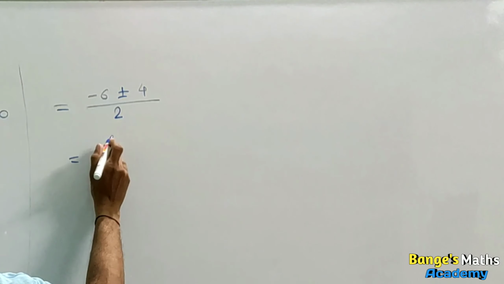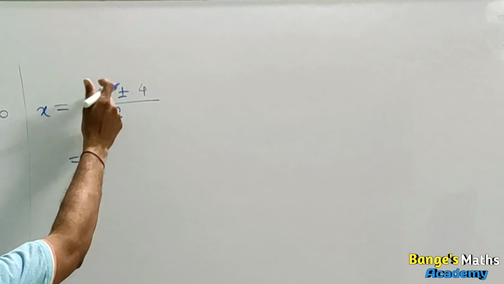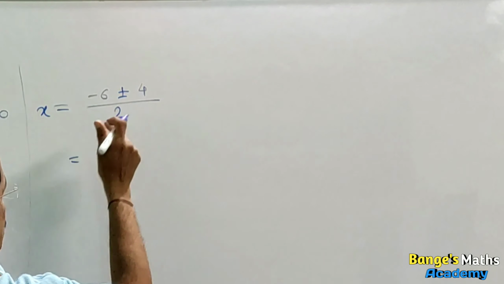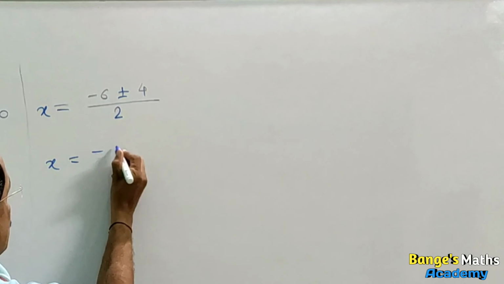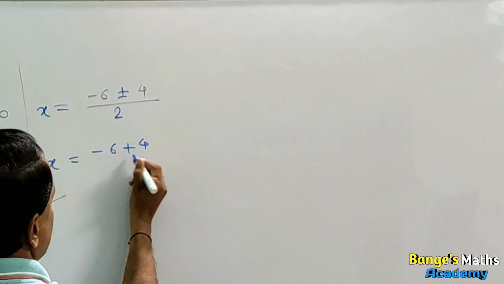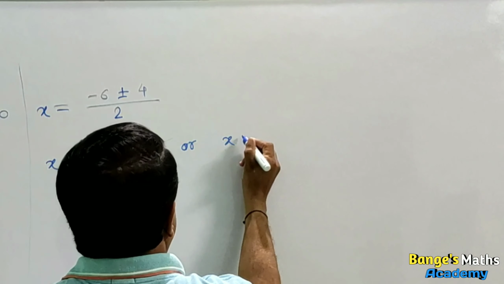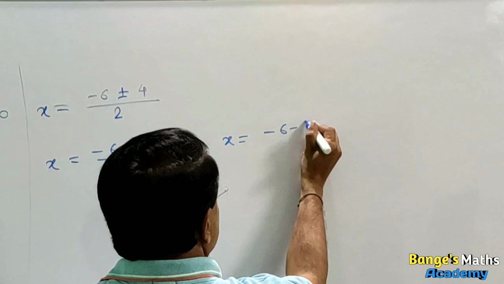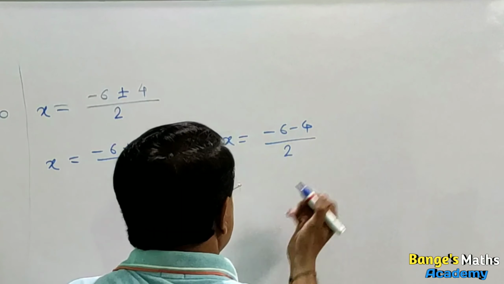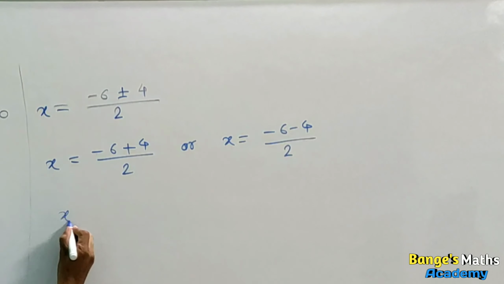We get x is equal to minus 6 plus or minus 4 upon 2. So x is equal to minus 6 plus 4 upon 2, or x is equal to minus 6 minus 4 upon 2. Simplify.